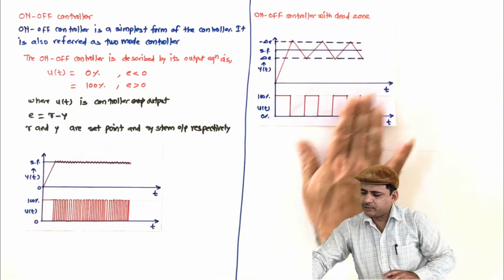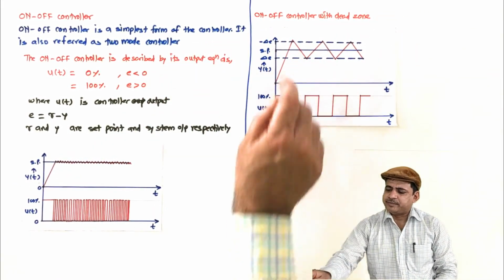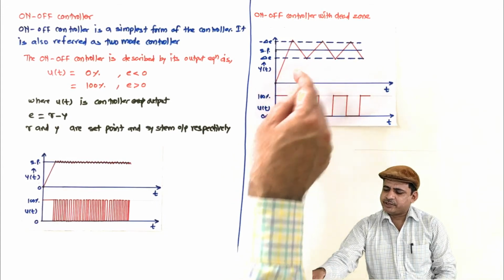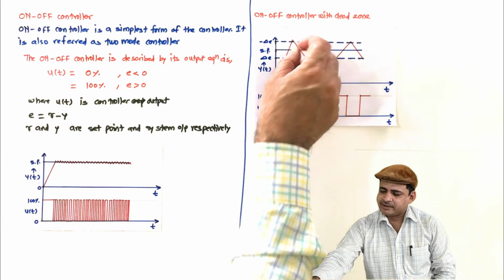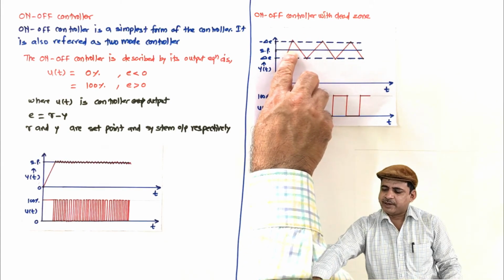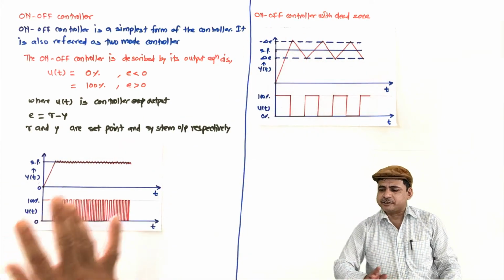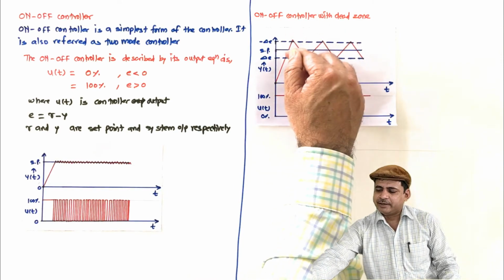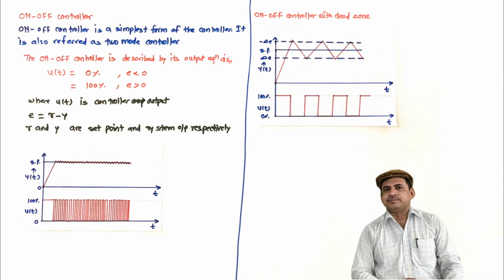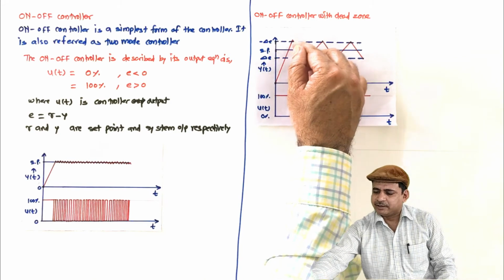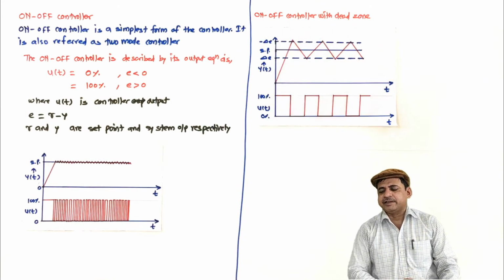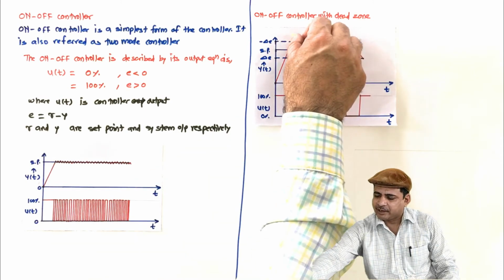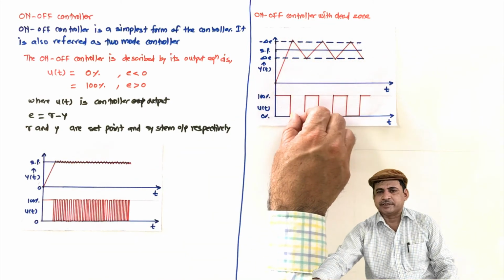So here you can see this is the set point. Initially the output is 0, the controller output is 100% and starts increasing. Now it cuts the set point, but still the output will not change. The output will change only when it cuts the upper tolerance band, that is, when the error is more negative than minus delta E, and then the output will shift to 0%.